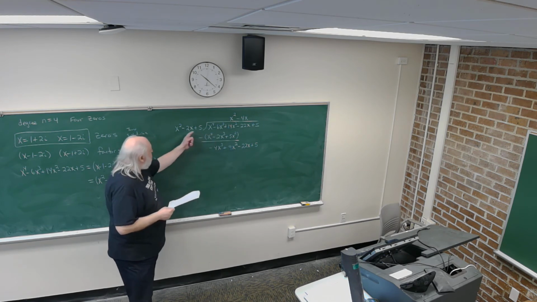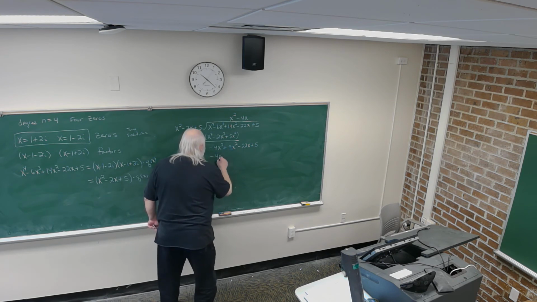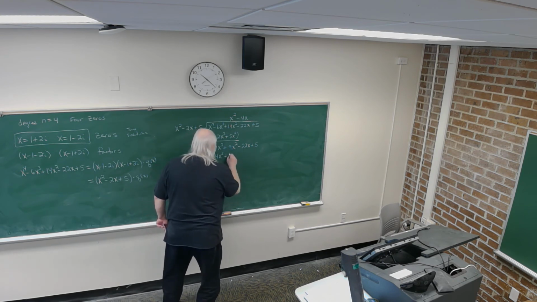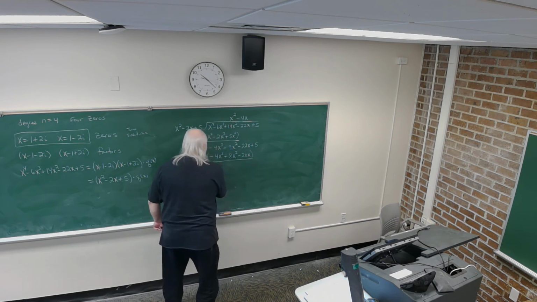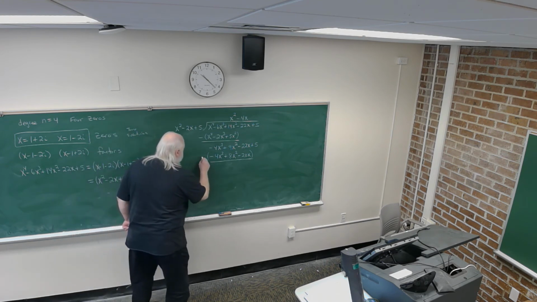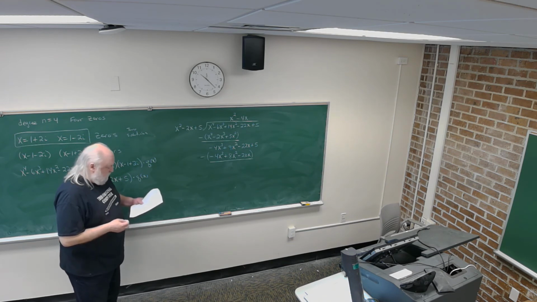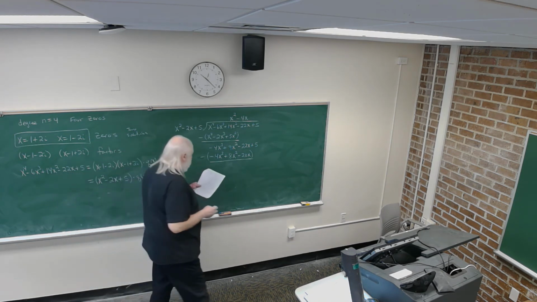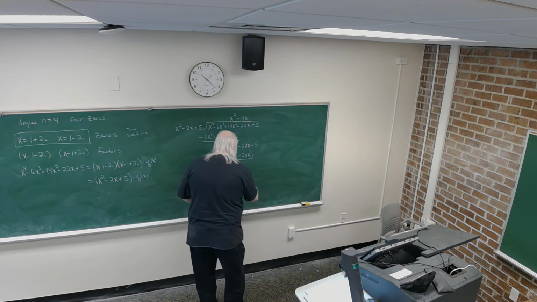So now you multiply minus 4x times the divisor, and you get minus 4x cubed plus 8x squared minus 20x. And that has to be subtracted from the dividend immediately above it. And when I did that, I got x squared minus 2x, and then we bring down the plus 5.